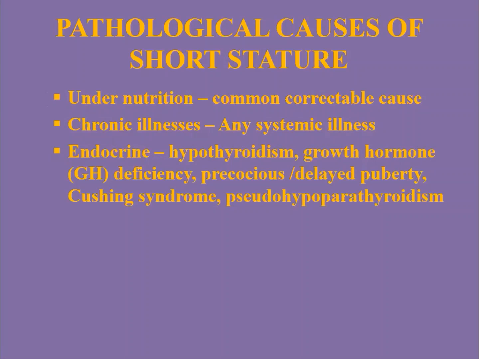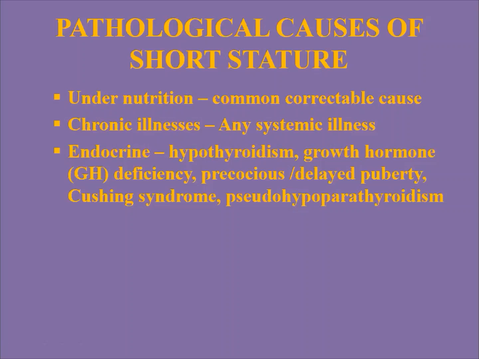Earlier on it is correctable, but if it goes on for a long time, the child becomes stunted. So it is a common correctable cause. Therefore, nutritional programs are aimed at the young age, up to 5 years, right? Up to 2 years is a golden period. Up to 5 years, you have to support the nutrition.